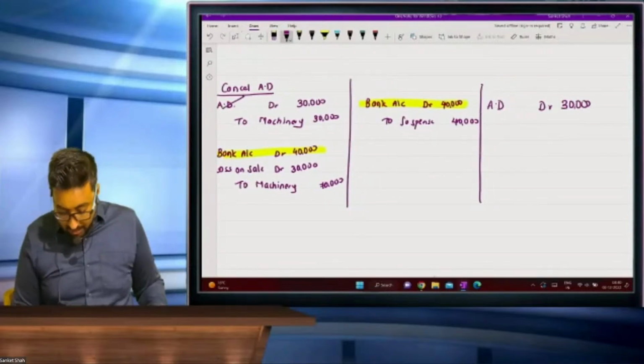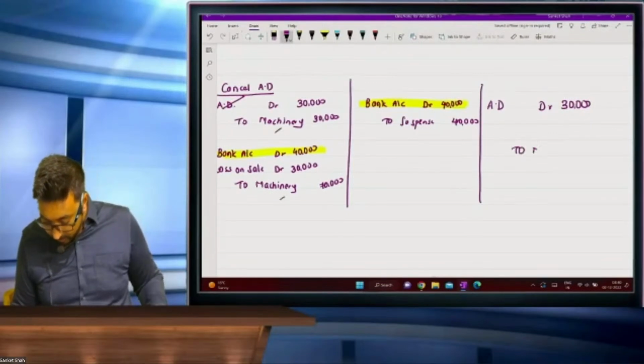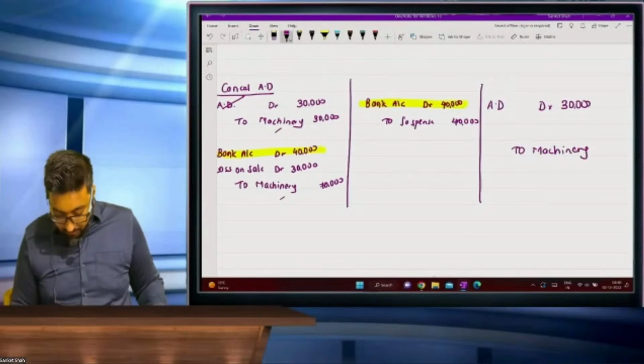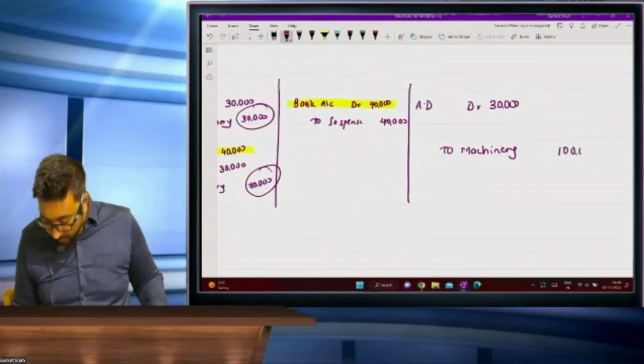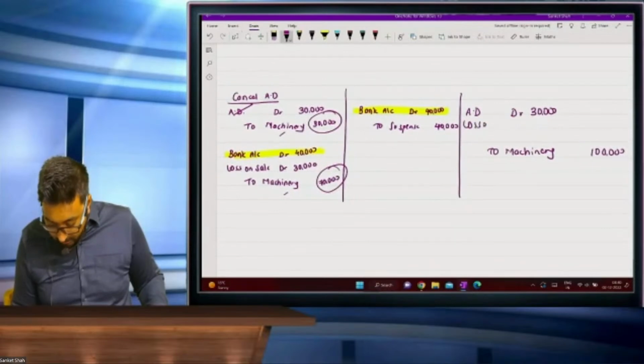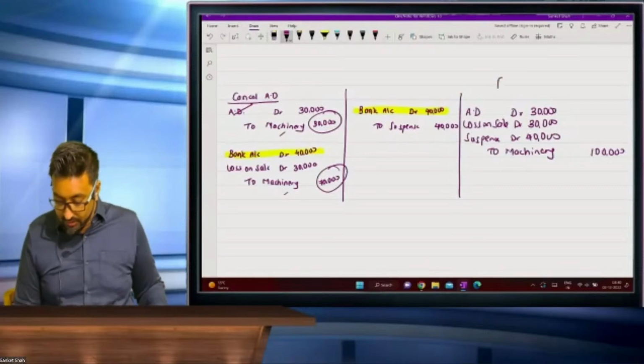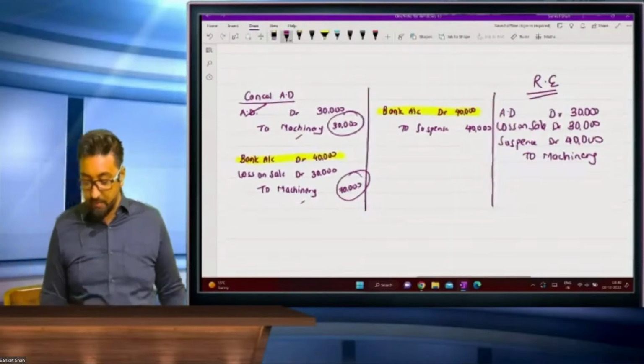So same balance to machinery, beta, 30 plus 70, 1 lakh. Loss on sale 30,000 and suspense cancel 40,000. So this is the rectification entry.